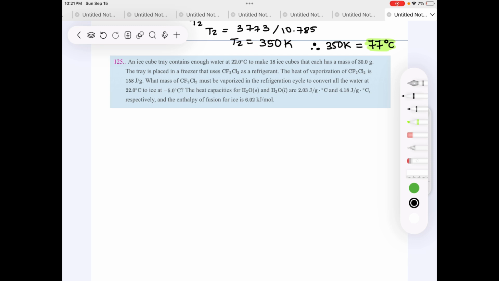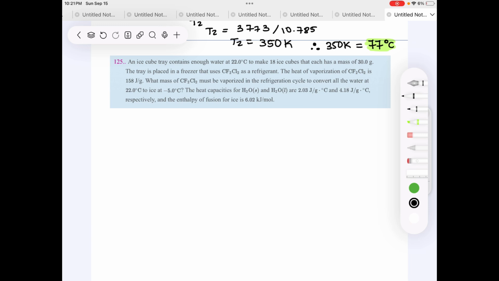The heat of vaporization of CF2Cl2 is 158 joules per gram. What mass of CF2Cl2 must be vaporized in the refrigeration cycle to convert all the water at 22 degrees Celsius to ice at minus 5 degrees Celsius?